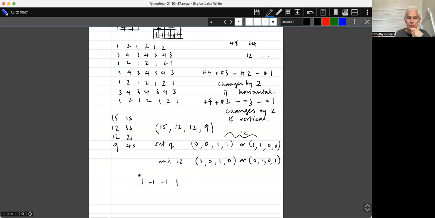Is the inner product of this with this 0? We get 15 plus 9, which is 24. Oops, take away 24. That's embarrassing. So that invariant, which felt rather promising, didn't actually work.